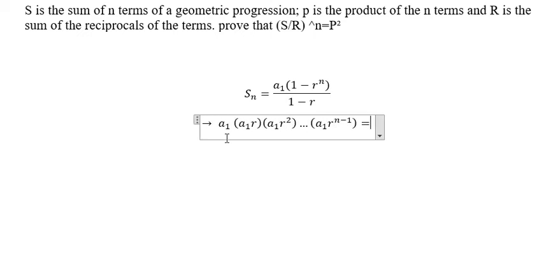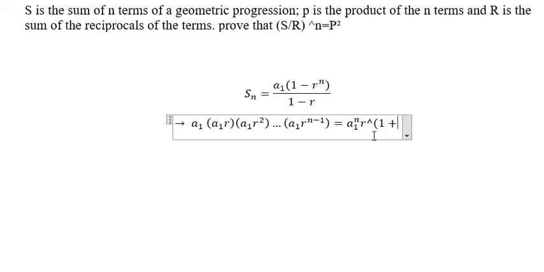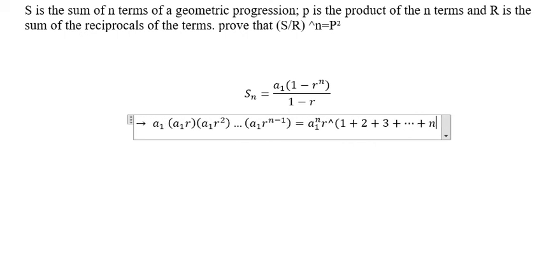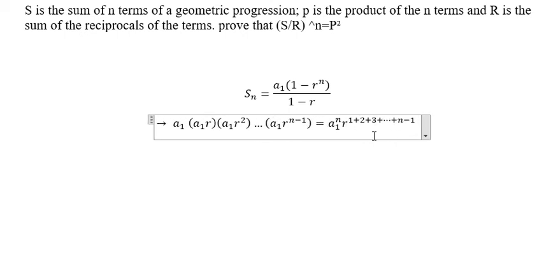So if we simplify everything in here, we have a1 to the power of n because we have n terms in here. For r, we have 1 plus 2 plus 3 and so on until n minus 1. So we have the formula in here.